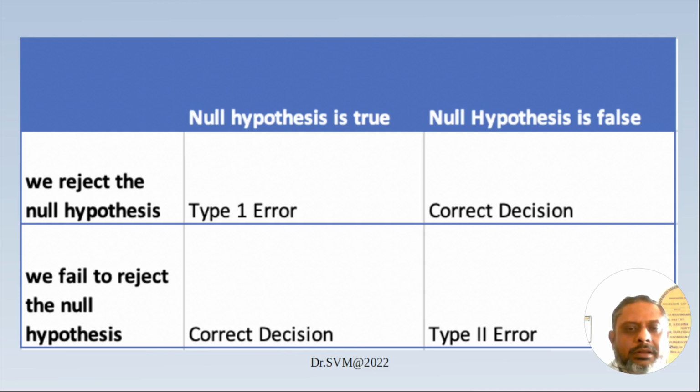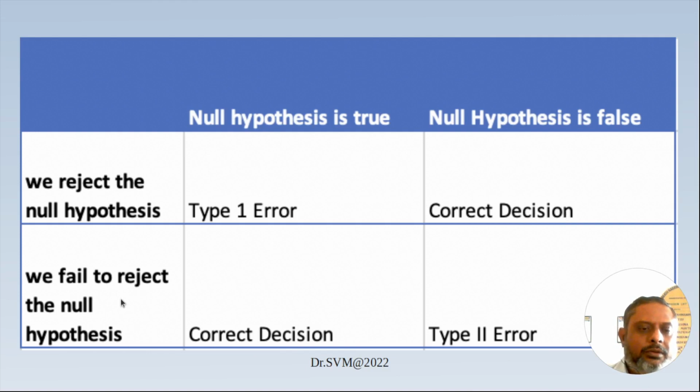If the reality was that the null hypothesis is true, but it was rejected, then we have an error. This type of error is a type 1 error. If we reject the null hypothesis when the null hypothesis was false, yes, that was a correct decision.